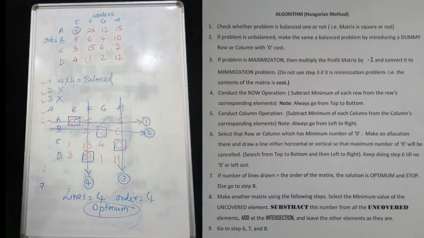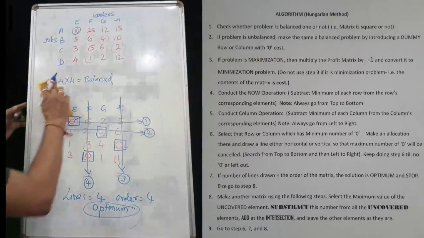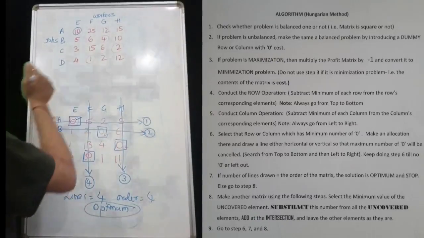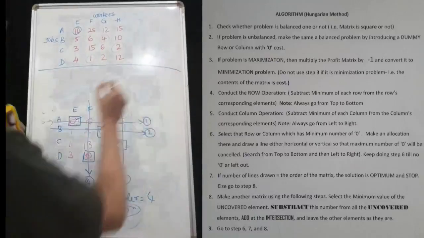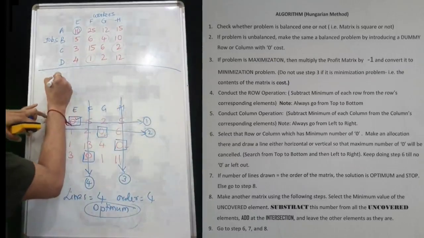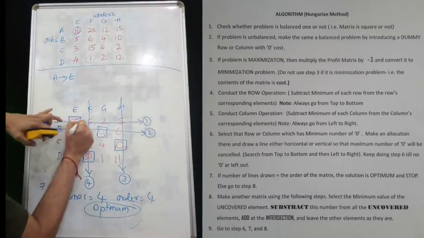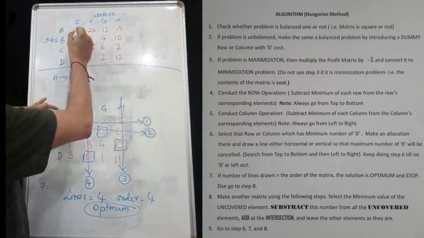My allocations would be as follows and the cost would be as follows. I will write it here. A will do which job? A will do job E because I have allocated here.